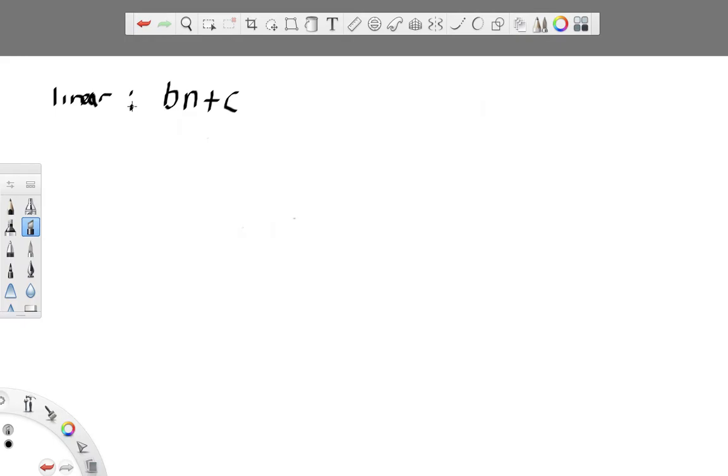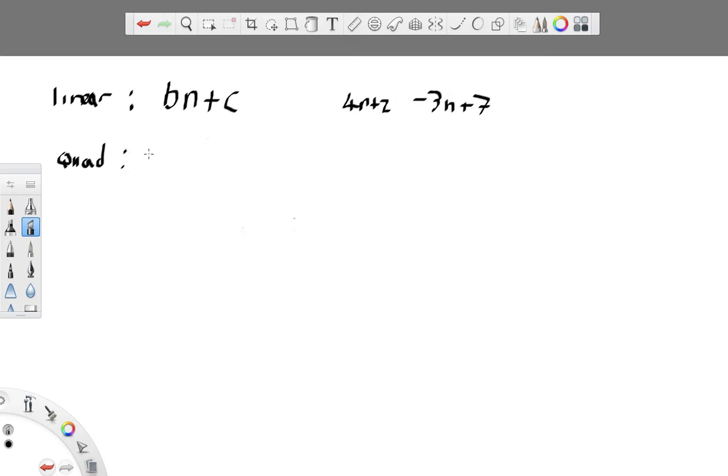Examples of that are 4n plus 2, or minus 3n plus 7, anything of the form bn plus c. So in that case, what does a quadratic sequence look like? Well, obviously it's going to be very similar, but it does have a slight difference.